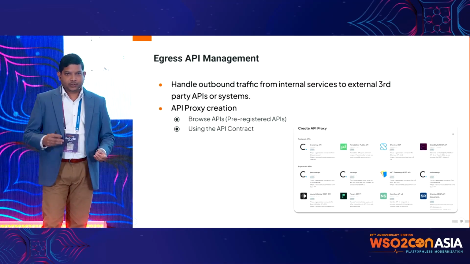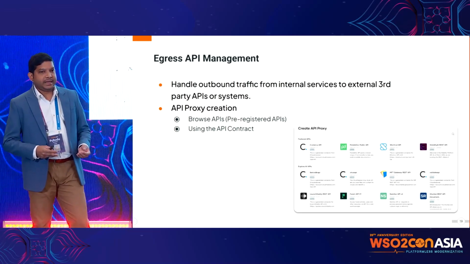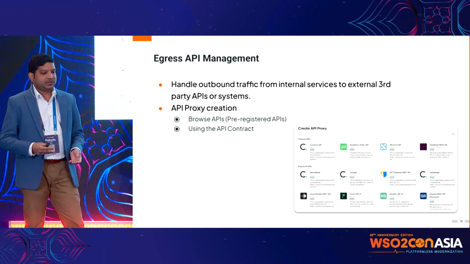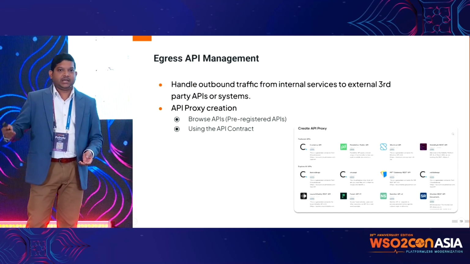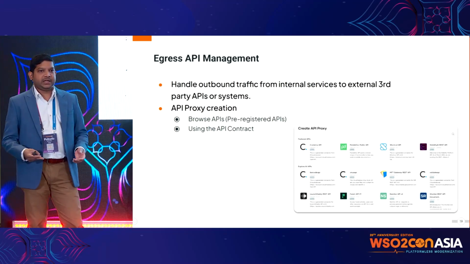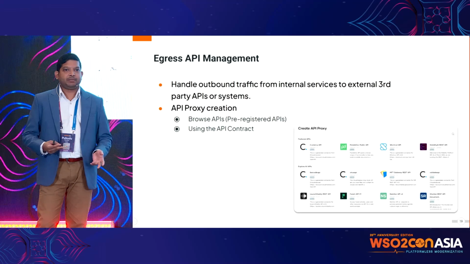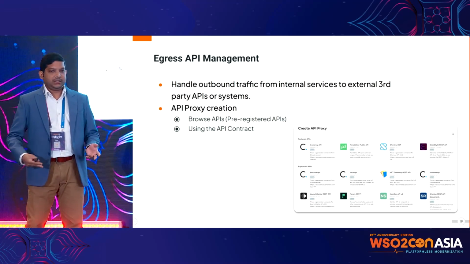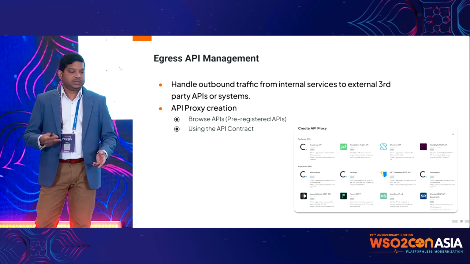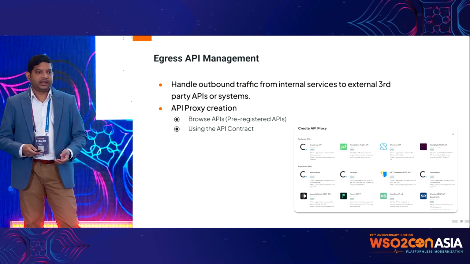When it comes to egress API management, we have an API catalog where we have identified some of the APIs that are there in the industry. By just going through the catalog, you can select the API and create an API proxy for your use case. Otherwise, you can use the API contract that you have and create an API.